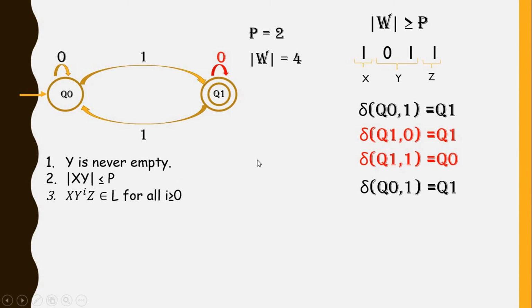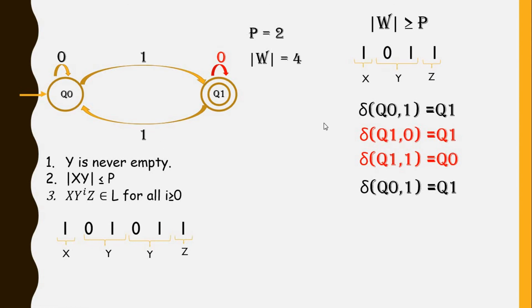Now, what happens when we pump up? We get this string and we're out of the language again, because it's going to be like 1, 0, 1, 0, 1, 1, and you wind up in q0 again. So you're out of the language, right?